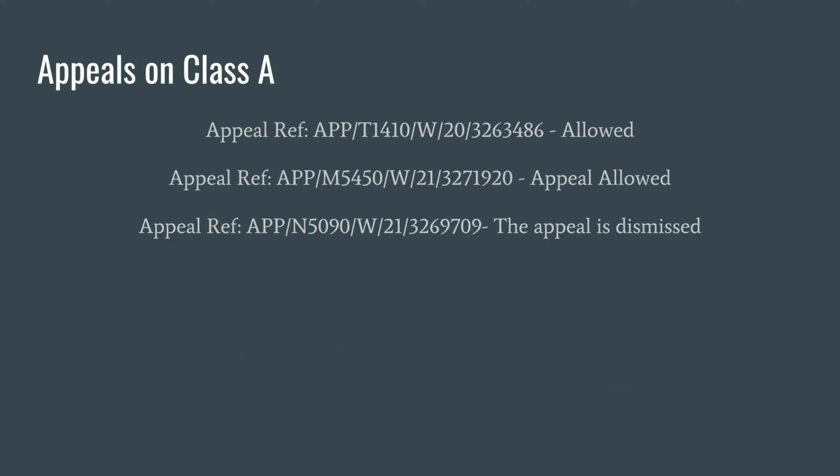Now let's go on to appeal casework. Appeal cases are binding, so it'd be very good to research these appeals, see why they were allowed, see why they were dismissed, and the reason for it. For example, the first case was allowed against the council. It was less about external appearance in this case and more about the bulk and massing of that building.